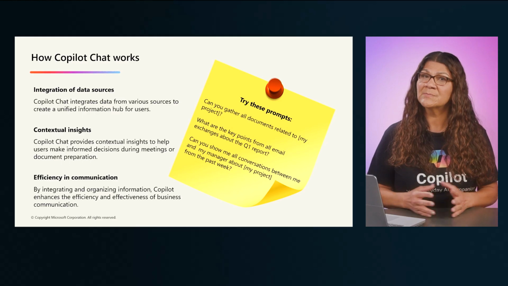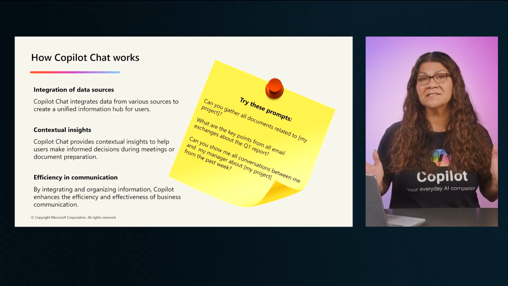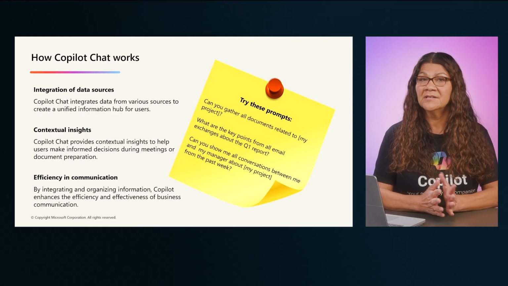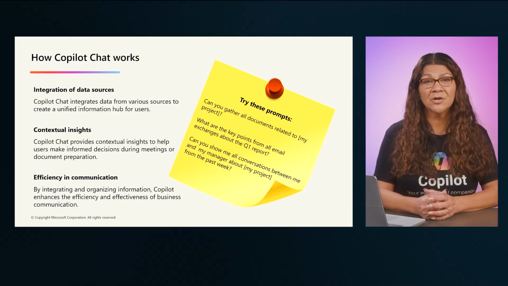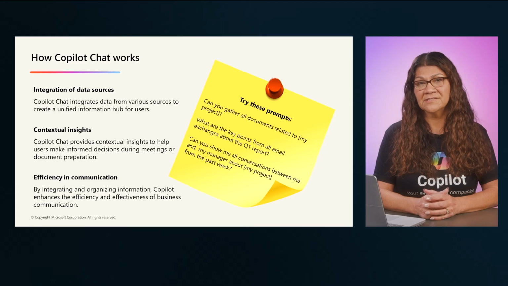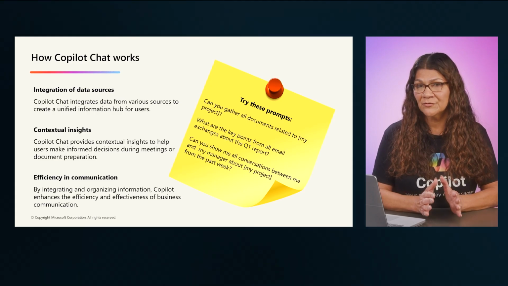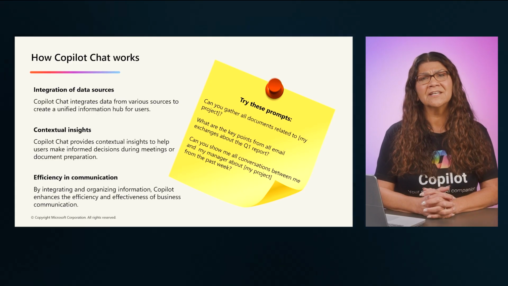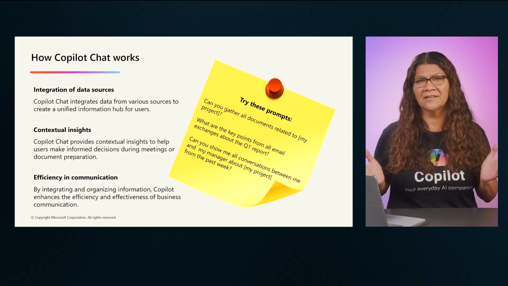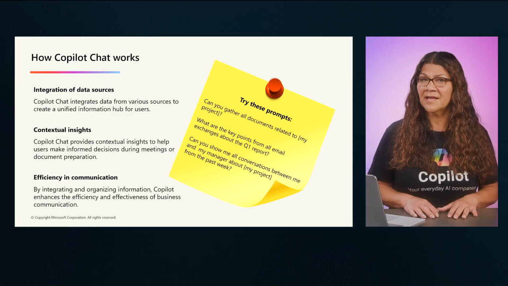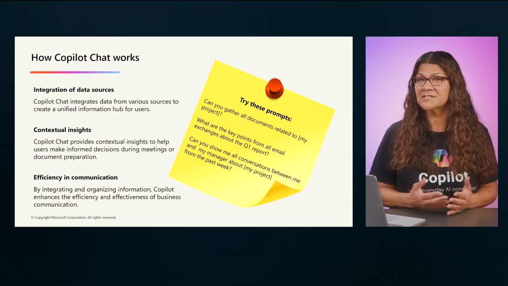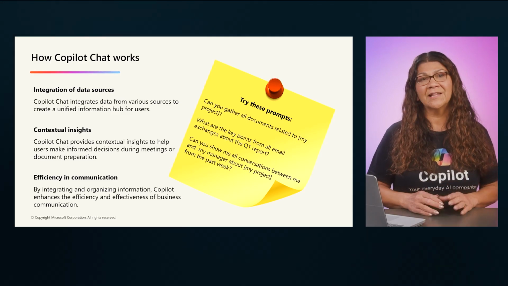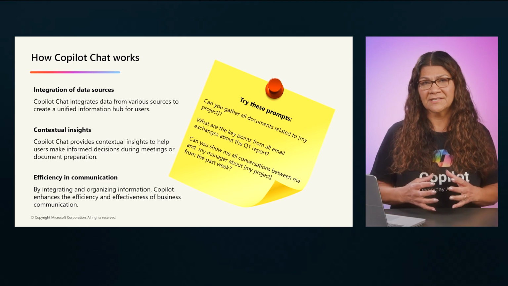Copilot Chat works by integrating data from across Microsoft 365, documents, presentations, emails, calendars, notes, and Teams conversations to create a unified information hub. Instead of digging through folders or searching endless email threads, you can ask questions like, "Can you gather all documents related to the XYZ project?" And Copilot instantly pulls everything together.